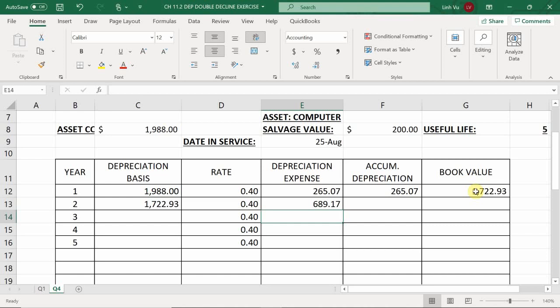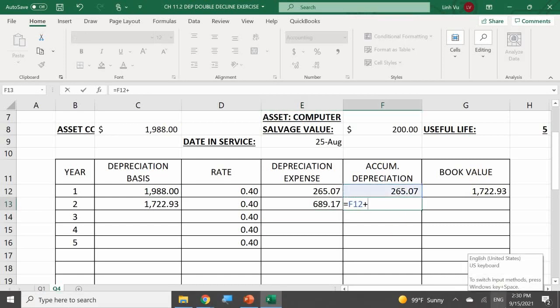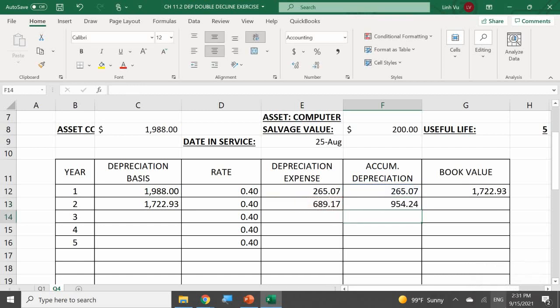So then, what is going to be my accumulated depreciation? $954.24. Good.